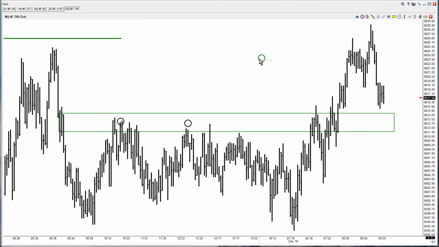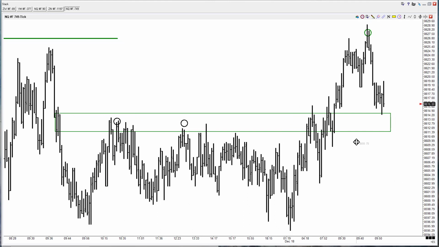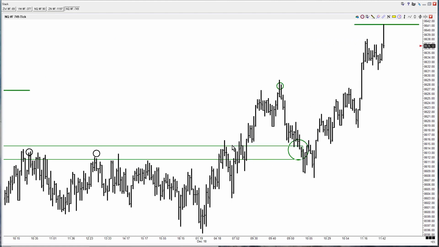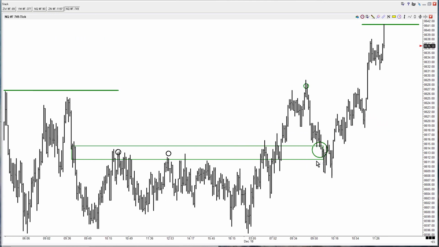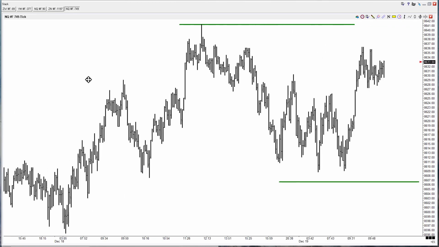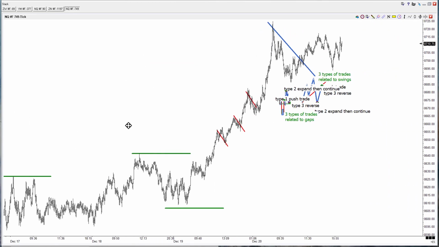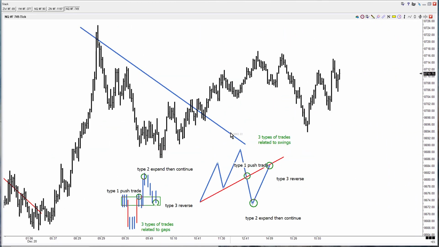You can think about type 2s, which is just we're expanding this just to roll over, just to let a little steam out. Or you can think about type 3s, which is, yeah, this is an actual reversal. So that would be related to the gap. So maybe I'm going a little fast here, but I'm trying to get a feel across with all of this.